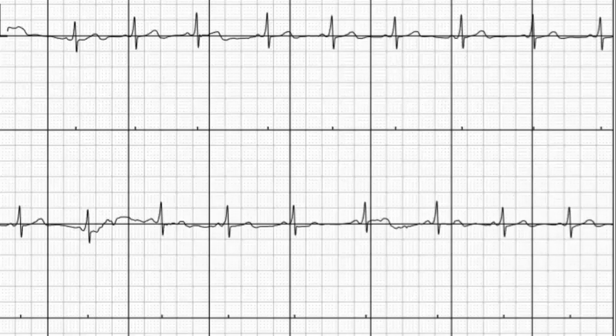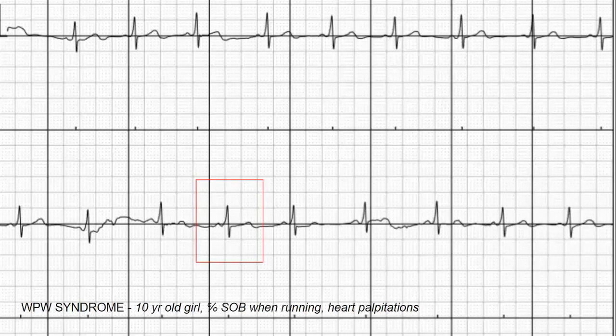What do you think of this? Again, this was WPW, a little 10-year-old kid, a great little girl, but she has this classical delta wave. And I think this just goes to show you, you've got to be aware of it in kids as well as adults.